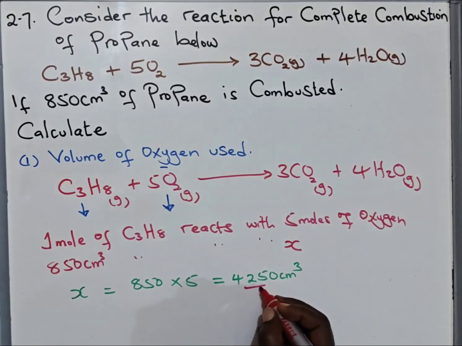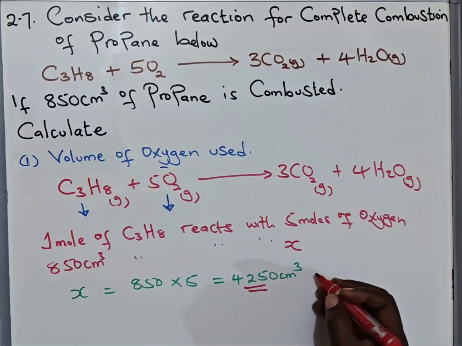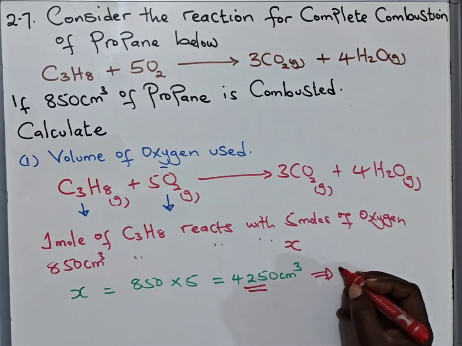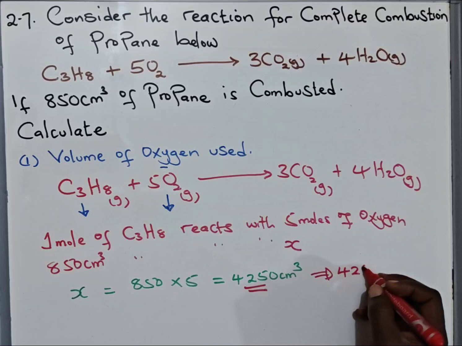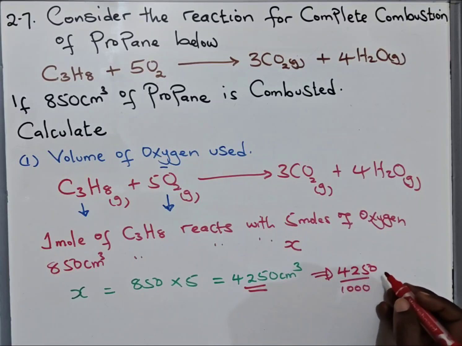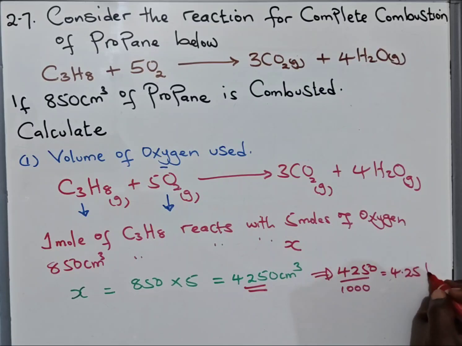So we get our volume as 4,250 cubic centimeter. If we wish to have it in cubic decimeter, we just divide this with 1,000. And you get 4.25 cubic decimeter.